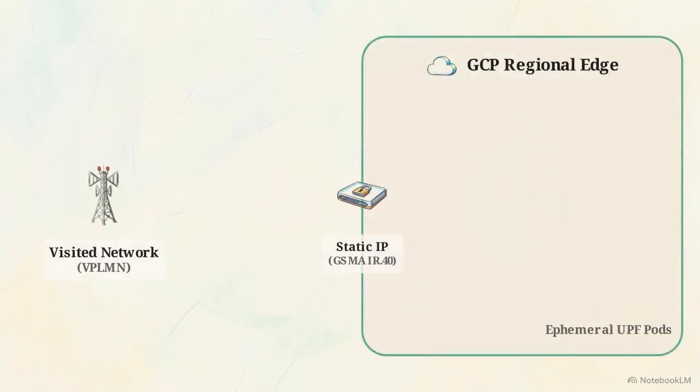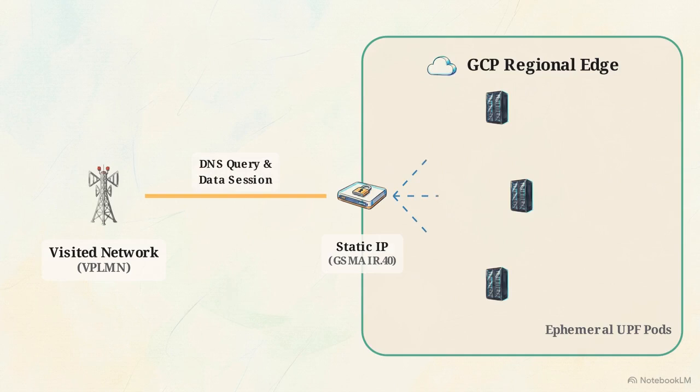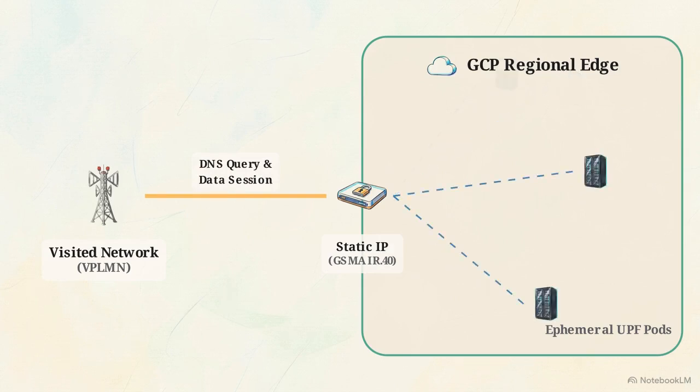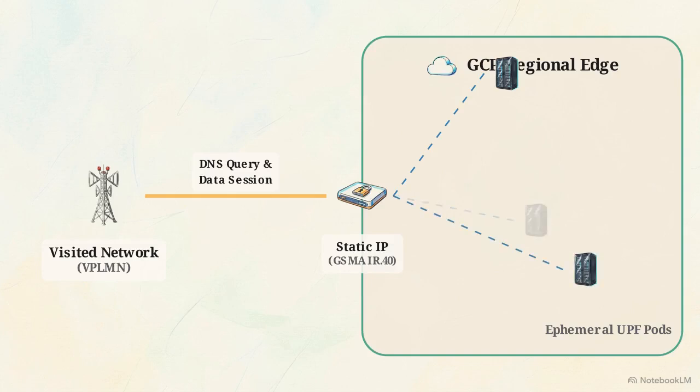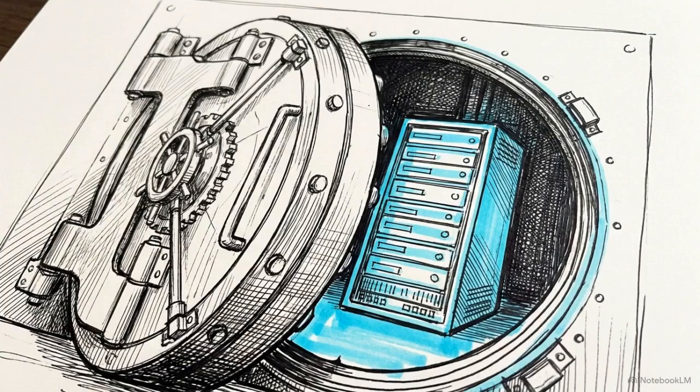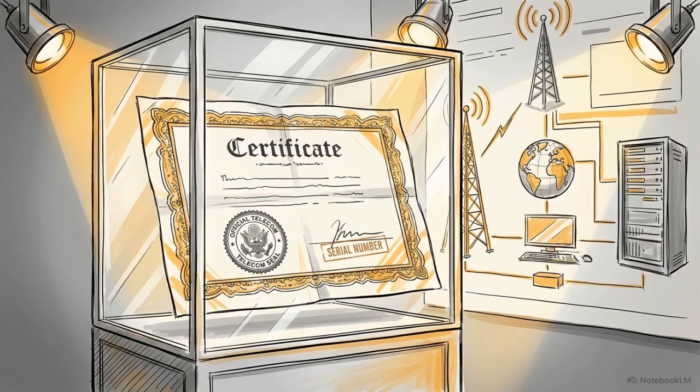This DNS query sequence shows the necessary engineering solution. The visited network's query must terminate at a static internal load balancer. This abstracts the ephemeral pods behind a stable front door. To ensure the IPX can actually route to this load balancer, the assigned IP must be drawn from GSMA IR.40 registered private IP space, expressly avoiding standard public internet addresses.